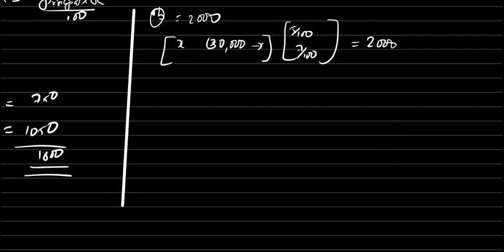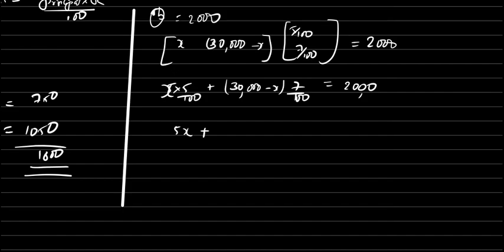We will do the cross multiplication, x into 5 by 100 plus 30,000 minus x into 7 by 100 is equal to 2000. If you consider this, it is 5x plus 7 3s are 2,10,000, minus 7x, divided by 100.